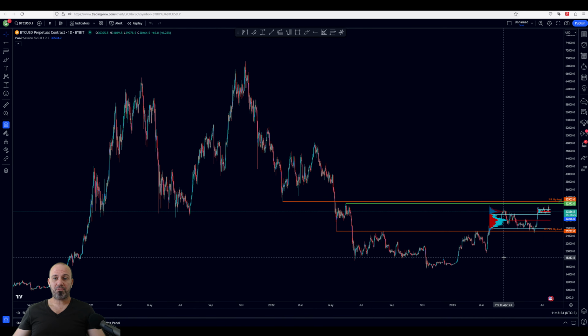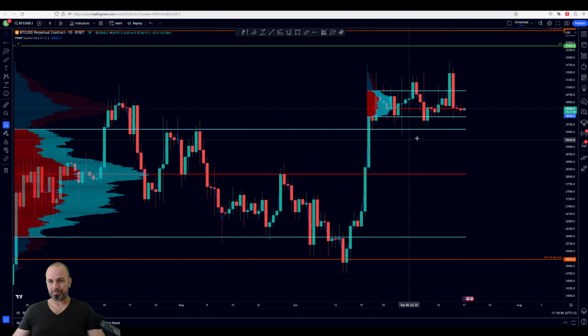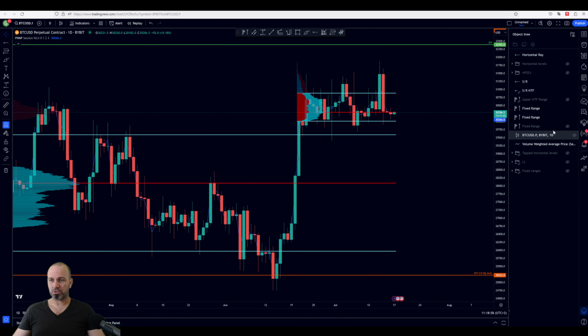And if you're not mastering these levels, then maybe you should pay some attention, spend some time to develop this habit of using the SNR flip levels and the fixed ranges.